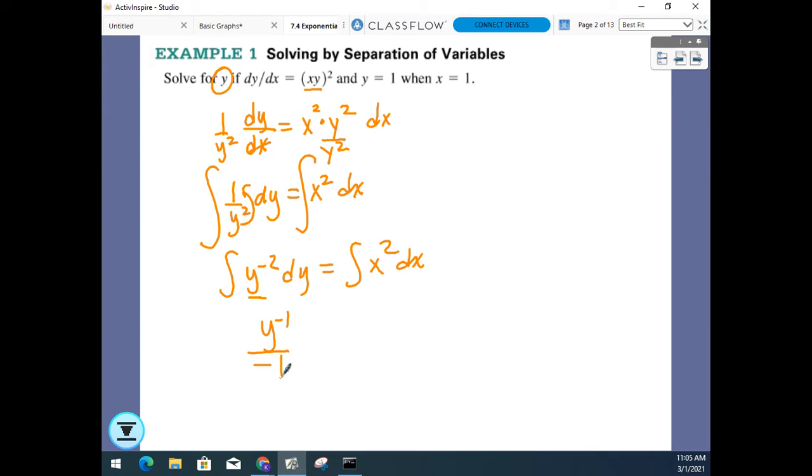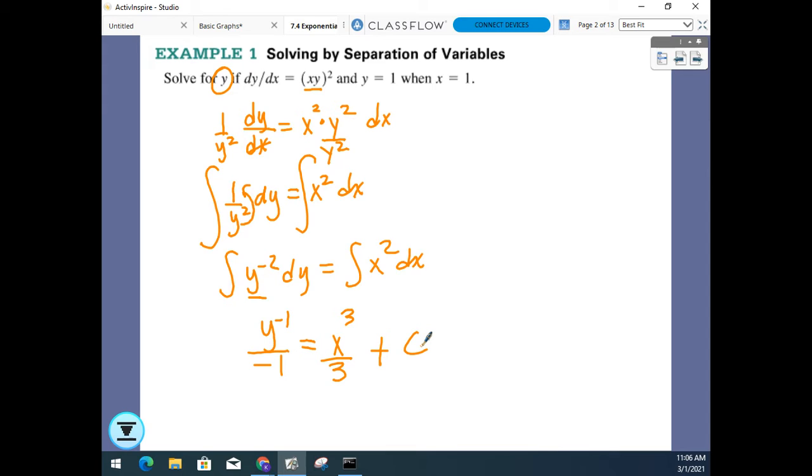Now, we don't need a plus c for both sides. You technically would have a constant on the left, a constant on the right, and then you could combine them to get a constant. So we always just put the plus c at the end of the right side on the x side. Then we add 1 and divide, and the plus c just goes on the very far side.